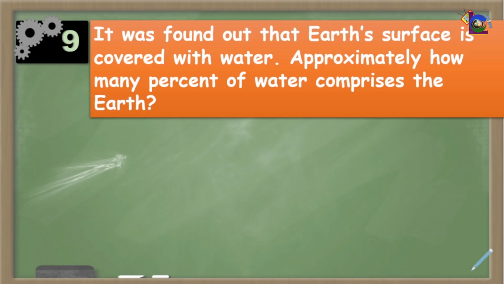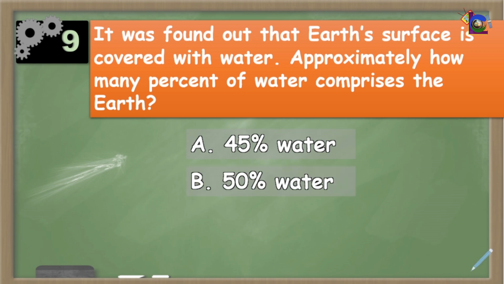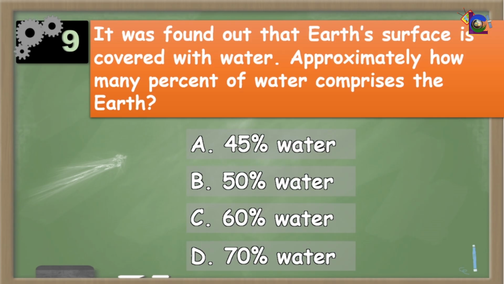It was found out that Earth's surface is covered with water. Approximately how many percent of water comprises the Earth? Is it A, 45% water, B, 50% water, C, 60% water, or letter D, 70% water? The correct answer is letter D.